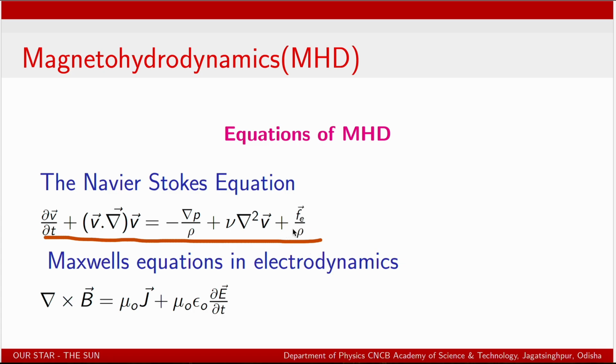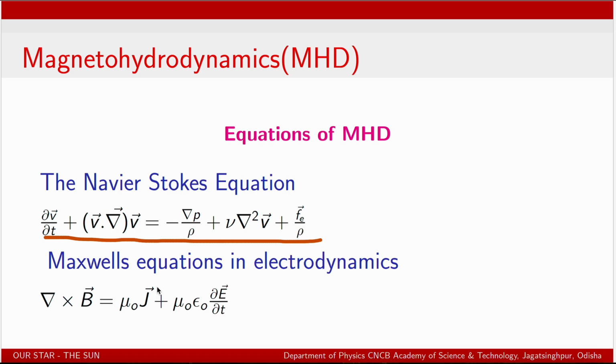When you're doing magnetohydrodynamics, we need the Navier-Stokes equation, and we need Maxwell's equations. Here I have written only one Maxwell's equation, there are four, right? So magnetohydrodynamics is very complicated. This is the fluid dynamics of plasma.